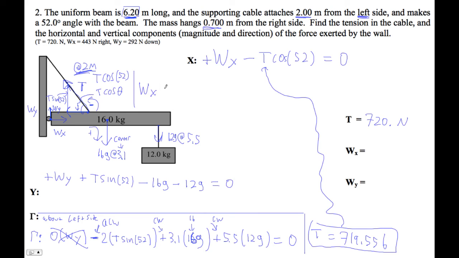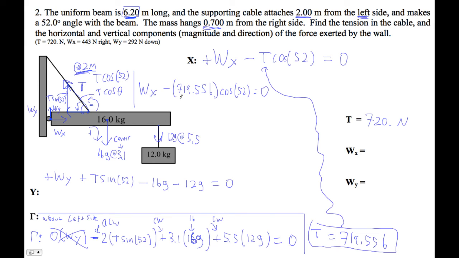Okay, so I've got the wall in the x direction minus 719.556. Keeps going, but hey, that's enough. Okay, times the cosine of 52 is 0. Okay, so now I can solve this.